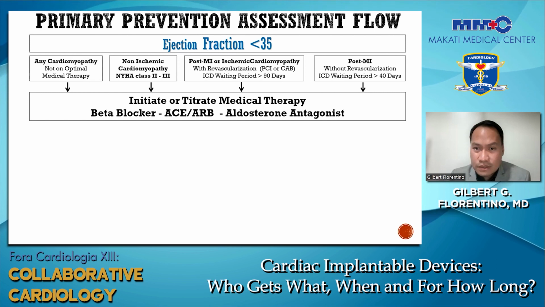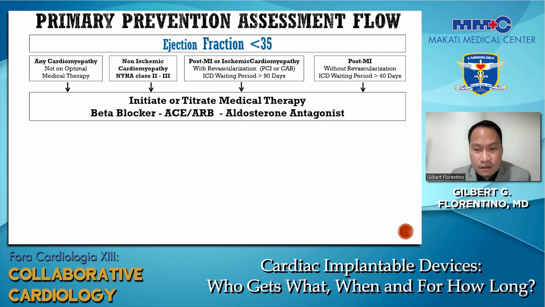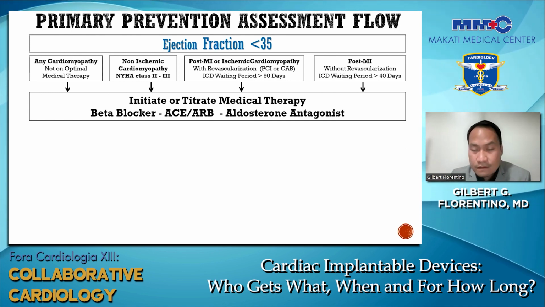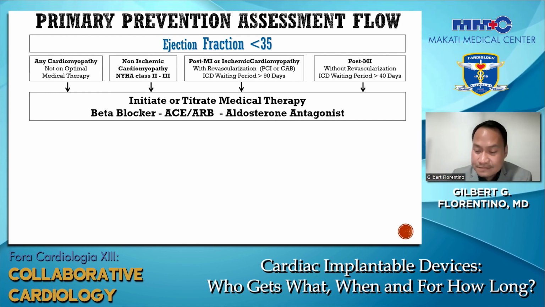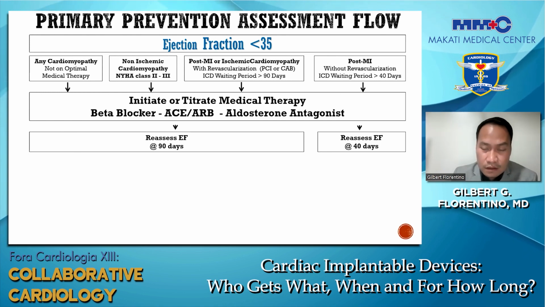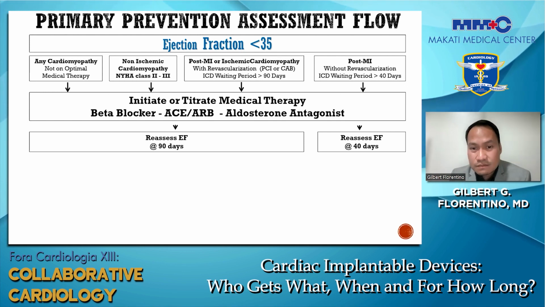During that period, we need to optimize guideline-directed medical therapy, which includes your beta blockers, your ACE inhibitors or ARBs, and your MRAs. Then we evaluate them after the designated time frame to see if the ejection fraction improved or not. That's the primary reason why there's a waiting period.